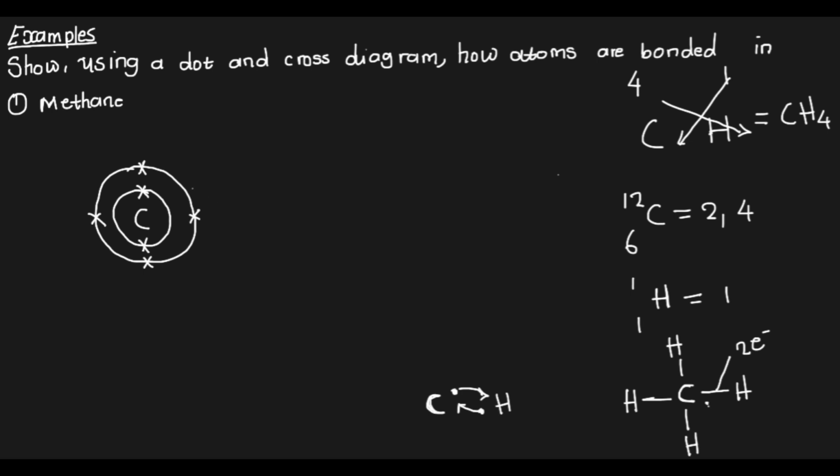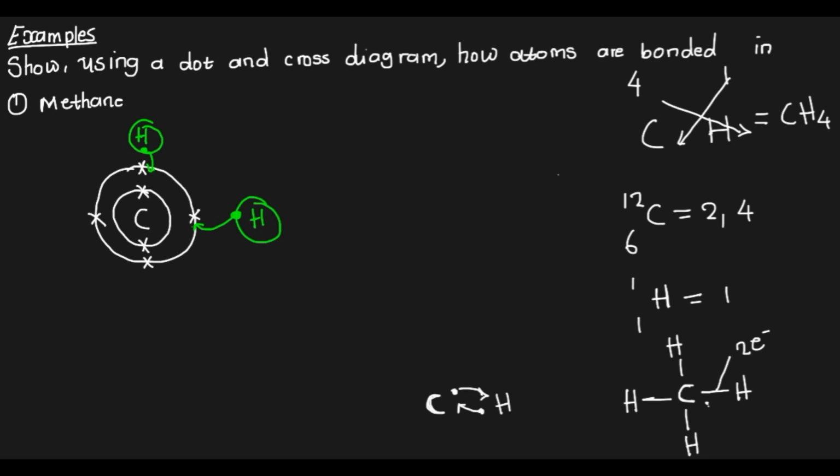So here we can have now hydrogen. This hydrogen has 1 electron. So this one must go there so that this hydrogen will have 2. Then we have another hydrogen here with 1 electron.